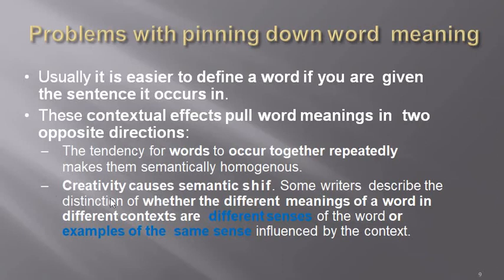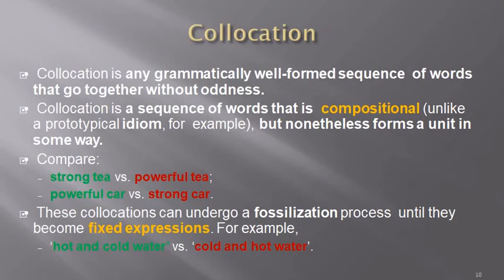Some writers describe the distinction of whether the different meanings of a word in different contexts are different senses of the word or examples of the same sense, influenced by the context. So again, the problem arises while pinning down the meaning of words.